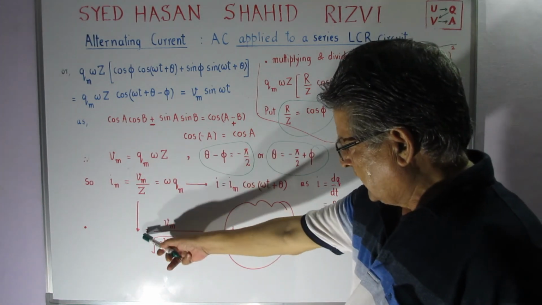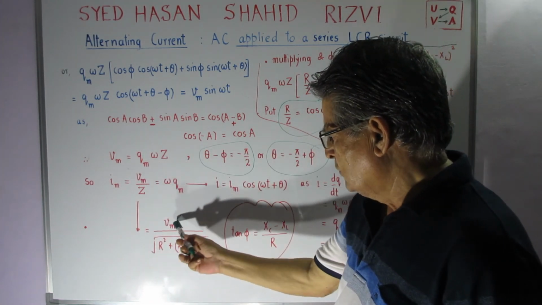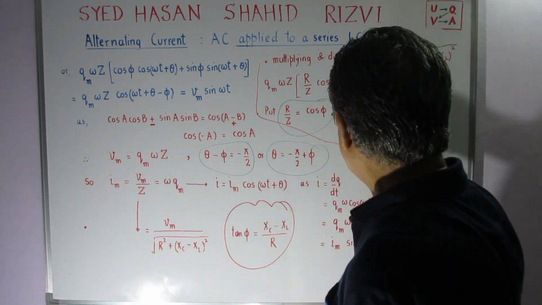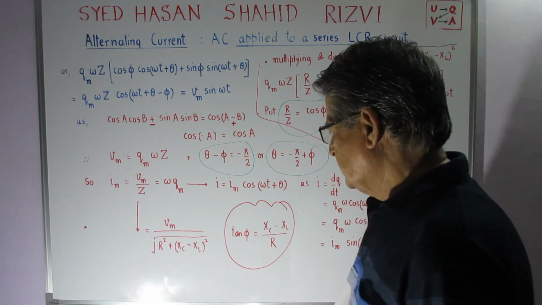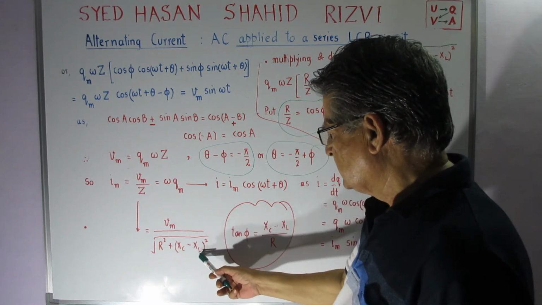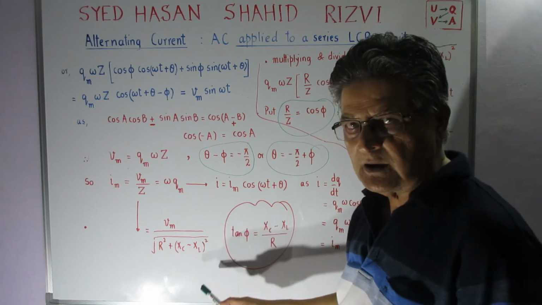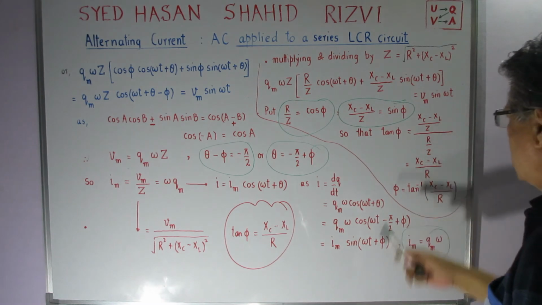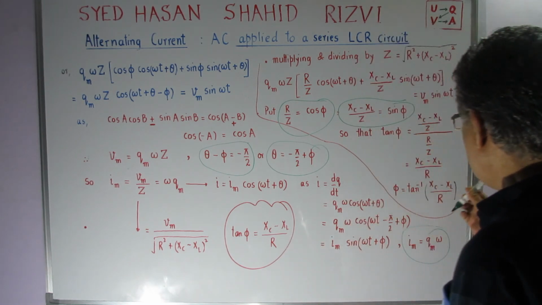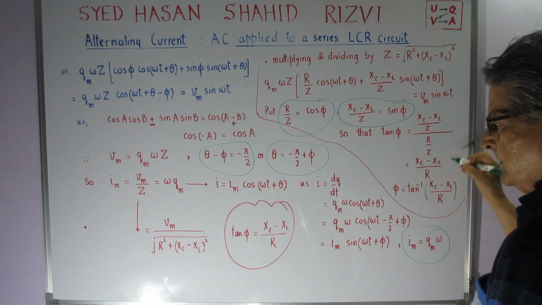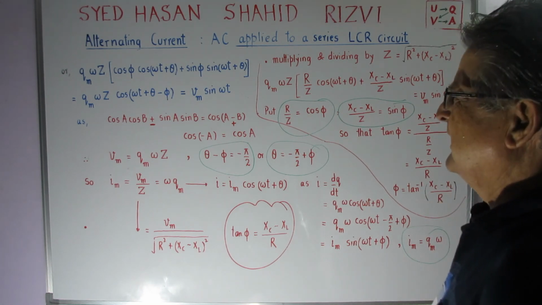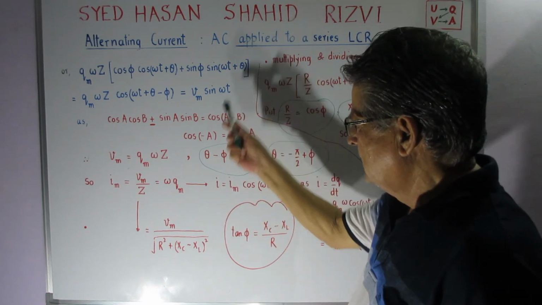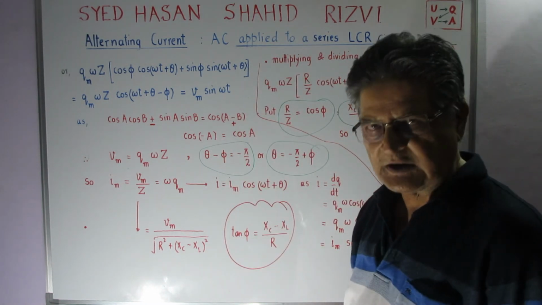So if I go back, I can write Im as equal to Vm upon Z, where Z is equal to the square root of r square plus the difference of xc and xl whole square, and tan of phi is equal to xc minus xl upon r, as has been obtained. It's a very long way, and this is how we solve the problem of RLC circuits.